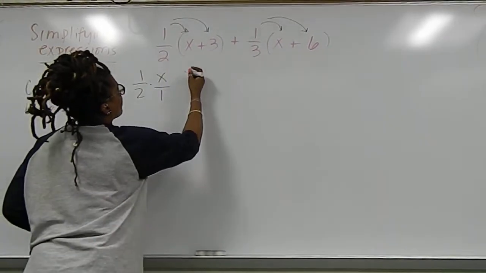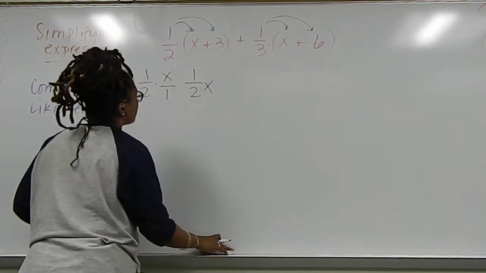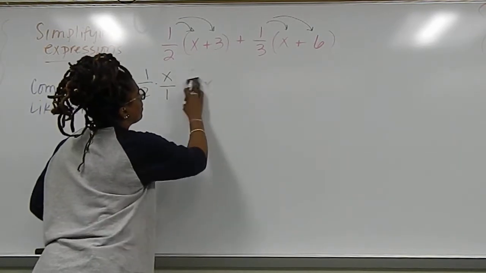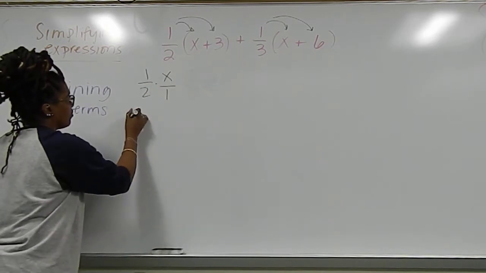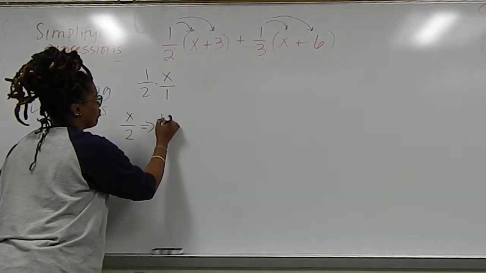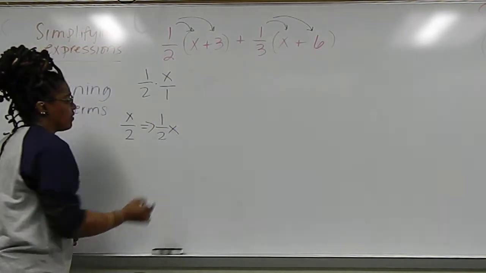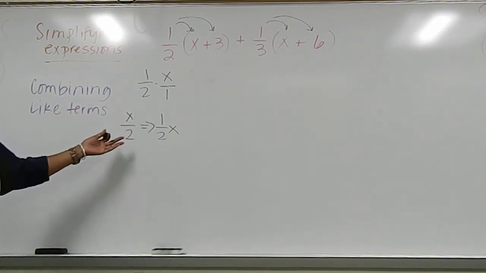So 1/2 times x gives us, you can either write 1/2 x, or you can write 1 times x, which is x over 2, and that is implied that you have 1/2 x. Again, because the 1 is always kind of understood to be there. So you can show it or you cannot show it.